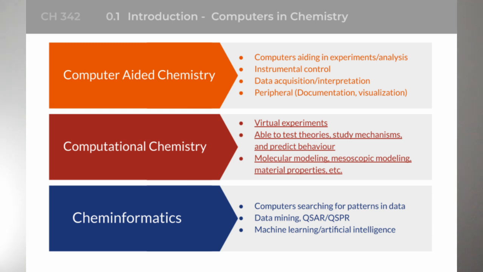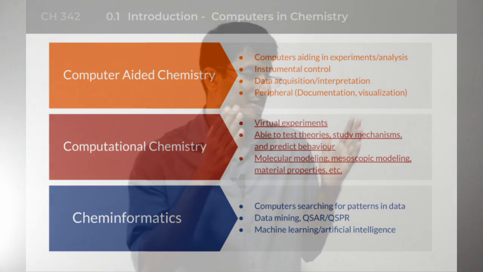So, such things as data mining, quantitative structure activity relationships or quantitative structure property relationships, QSAR and QSPR, and machine learning, artificial intelligence used in chemistry, all of these I classify as cheminformatics. So, I should note that this classification is not a very strict one, and this is just my own way of classifying the uses of computers in chemistry.